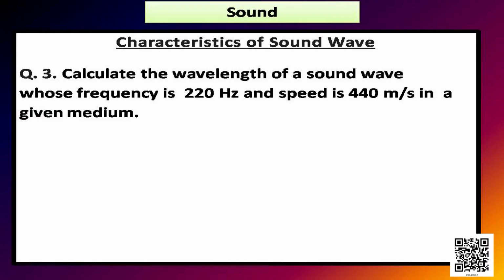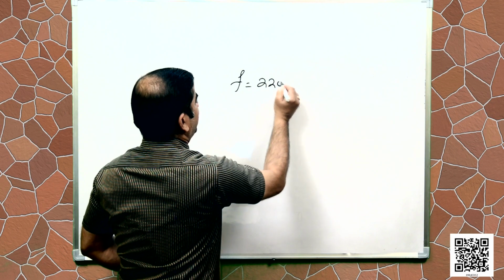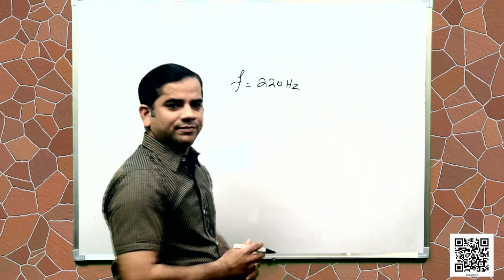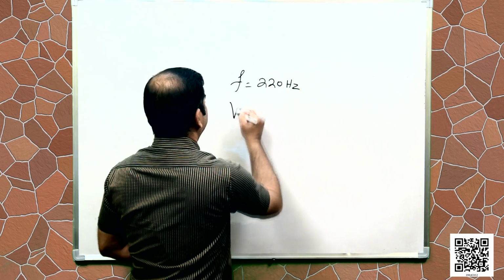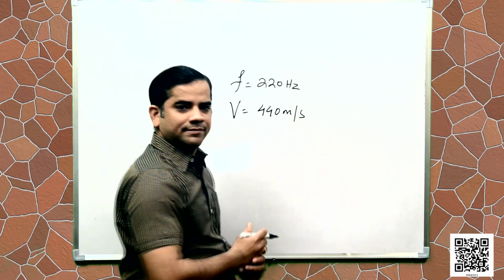Question number 3 says, calculate the wavelength of a sound wave whose frequency is 220 Hz and speed is 440 meter per second in a given medium. So let us discuss the solution. Here f is equal to 220 Hz and speed is 440 meter per second.